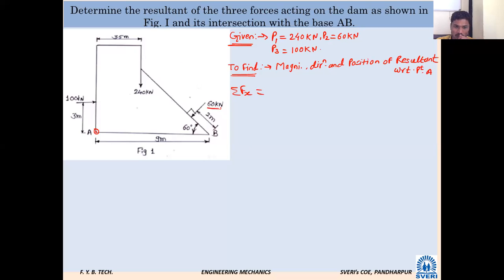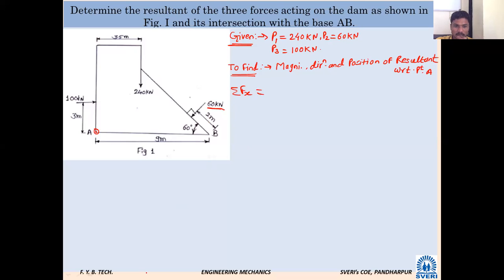How to find it, tell me, who will tell me? Who will guide me? You don't know, or you don't want to tell? Are you not knowing or you don't want to tell? There may be two cases. Rutuja.